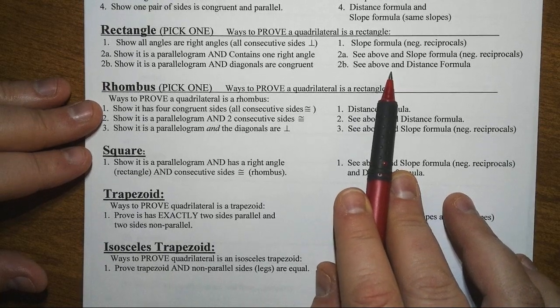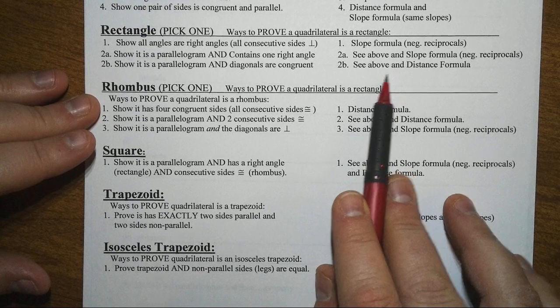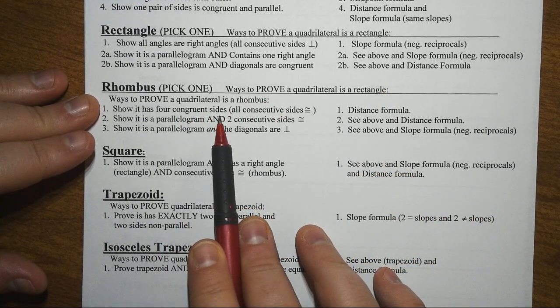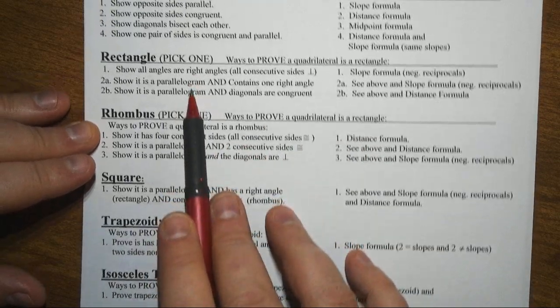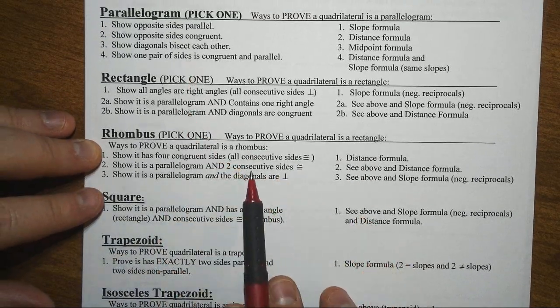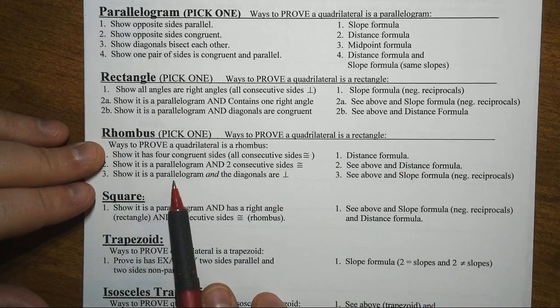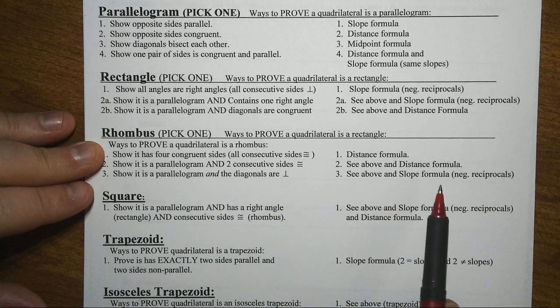For a rhombus, which we'll get to tomorrow, along with rectangle as well, we're going to show that all 4 sides are equal. That's one way to do it with the distance formula. We can do a parallelogram, just like we did above here, and then show that 2 sides that are touching each other are equal. This is distance. Or we do a parallelogram with the diagonals congruent, perpendicular, and we do the negative reciprocals.